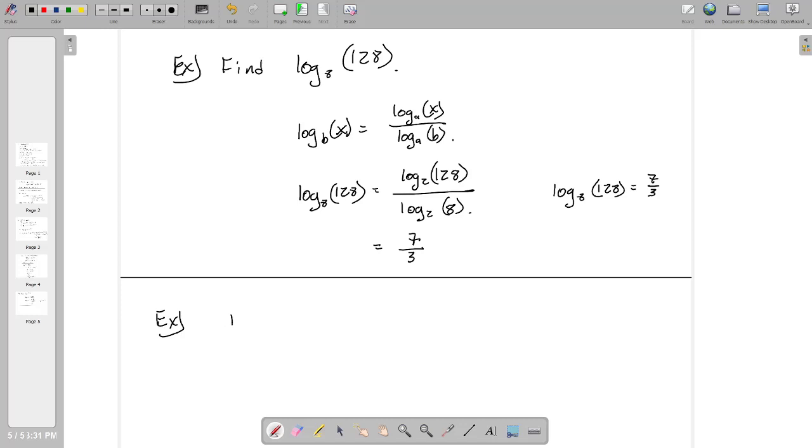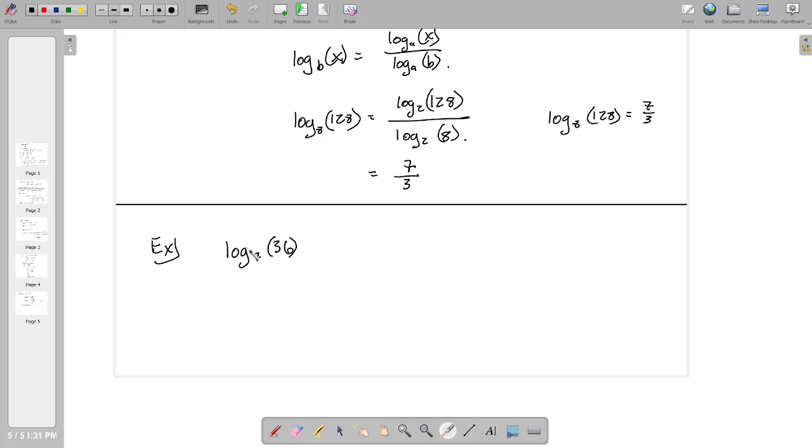But suppose we want to find log base 7 of 36. I can change my base to be a 6 because it'll simplify the 36 very nicely. So I want to do that. Log base 6 of 36 divided by log base 6 of 7. The change of base formula.